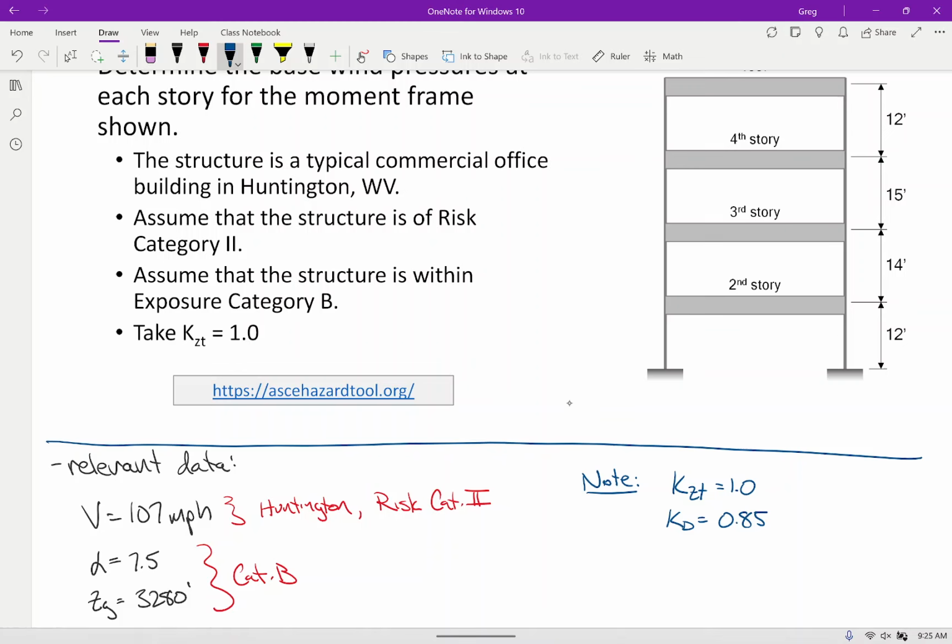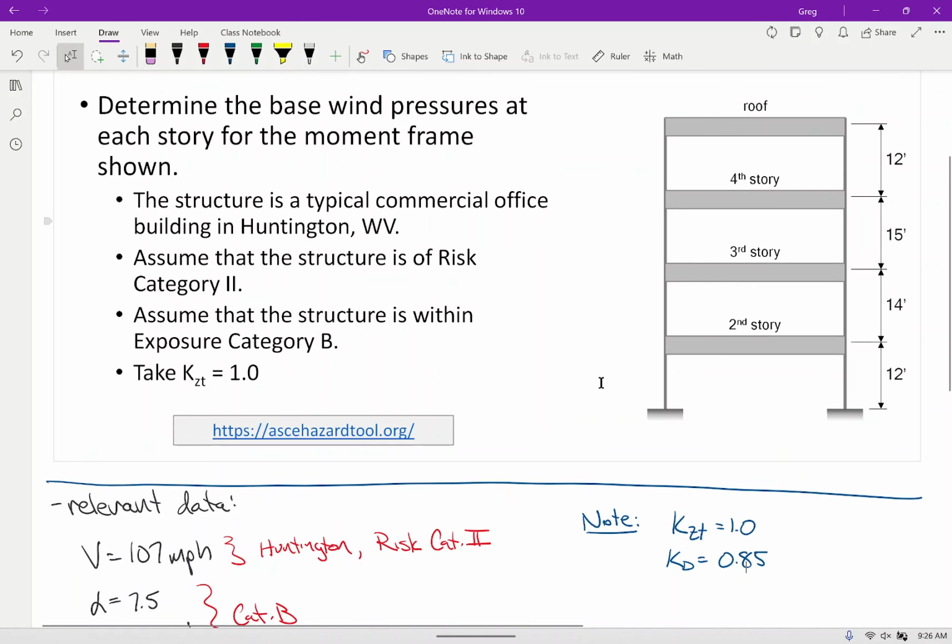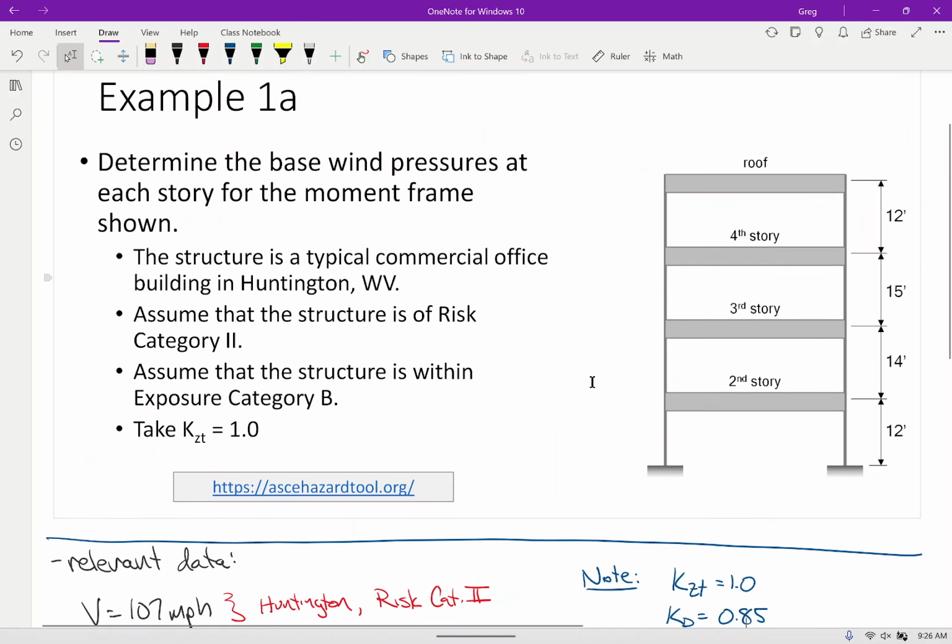All right, so just to illustrate how this is going to work, I'm going to do one of these by hand, then I'm going to do the rest of these in Excel, okay? The way that I'm going to do this is I'm going to look at my elevations for the building. Whenever you look at these, elevations are elevations from ground level, okay?